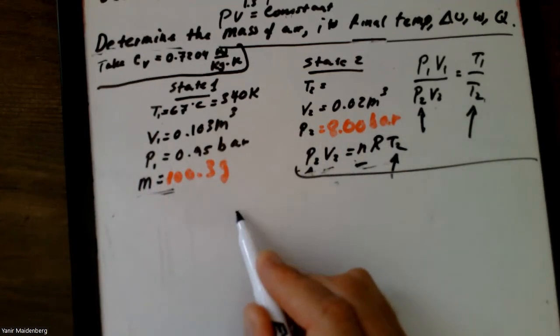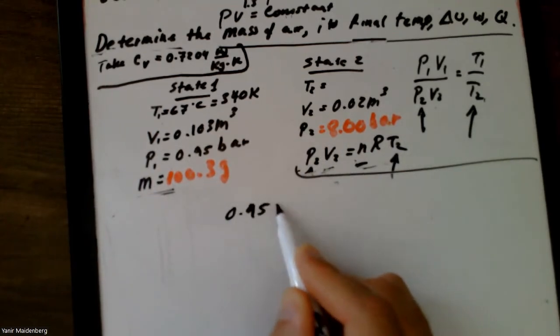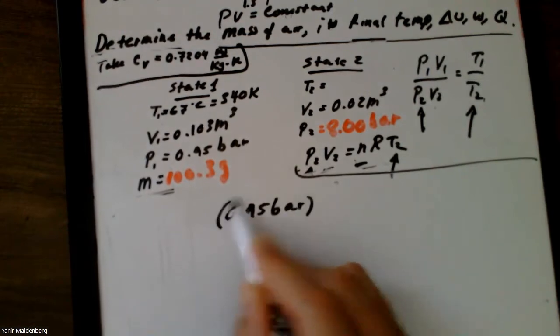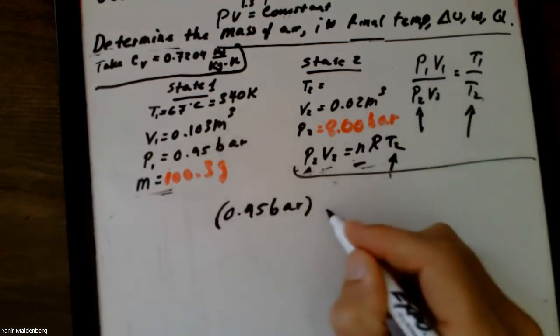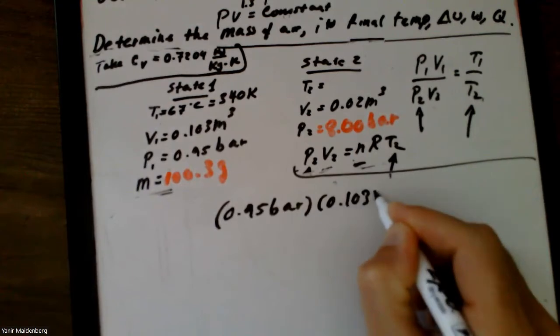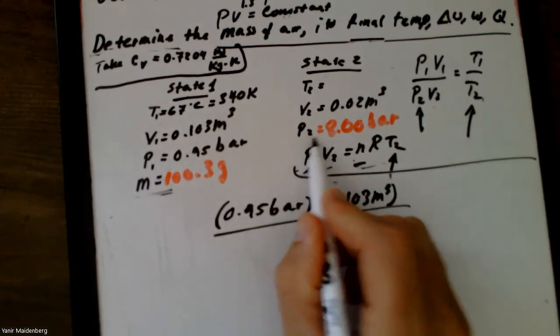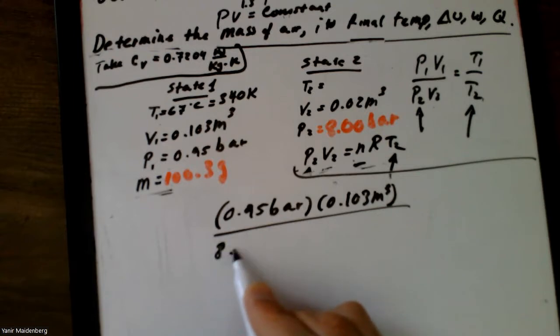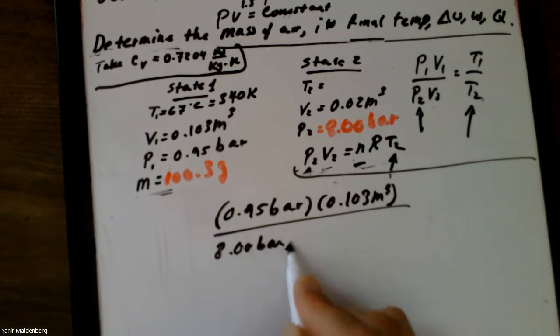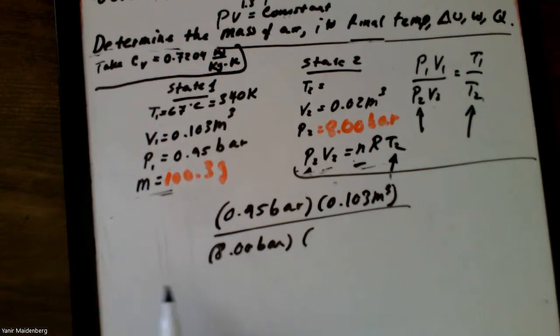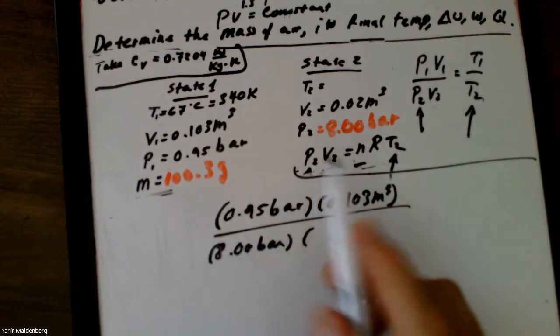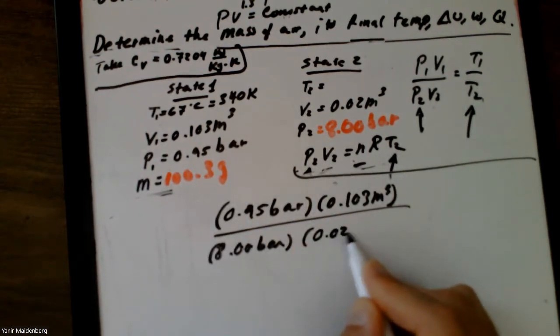So P1 here is 0.95 bars. V1 is 0.103. And it's being divided by P2, which we just calculated as 8 bars, and V2, which is given to me as 0.02 meters cubed.